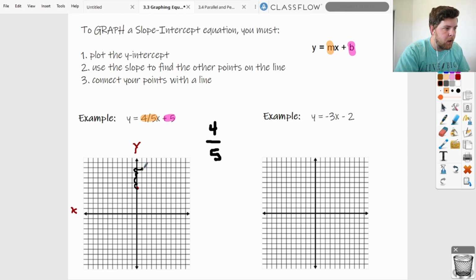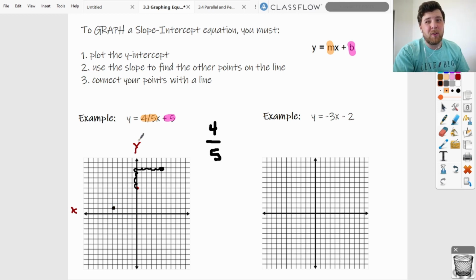So 1, 2, 3, 4, 5. Okay, so that is my second point. You can also go the other direction. If this is up 4 and to the right 5, then it could also work going down 4, 1, 2, 3, 4, and then to the left 5, 1, 2, 3, 4, 5.